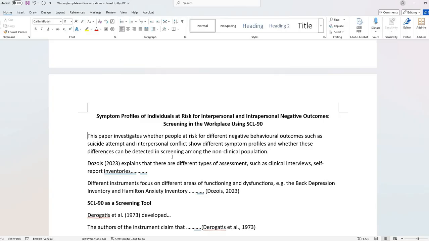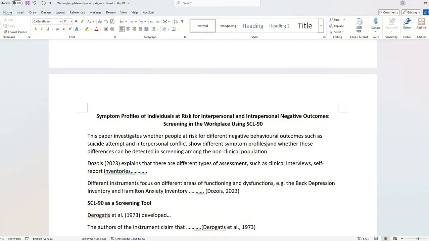In the introduction, at the beginning, I make an opening statement. This paper investigates whether people at risk for different negative behavioral outcomes, such as suicide attempt and interpersonal conflict, show different symptom profiles. Do they show different symptoms?